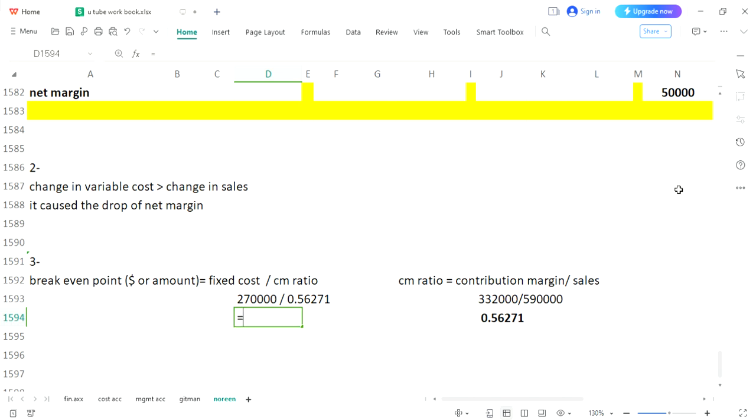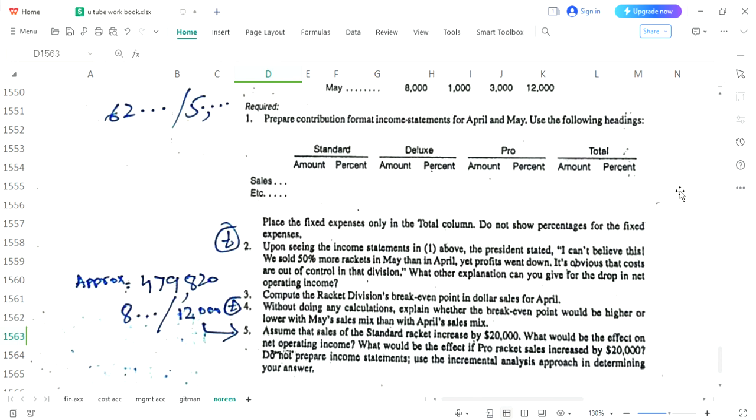Statement completed. Put it on your calculator: 270,000 divided by 0.56271. So we have got our break even point here, 479,820.